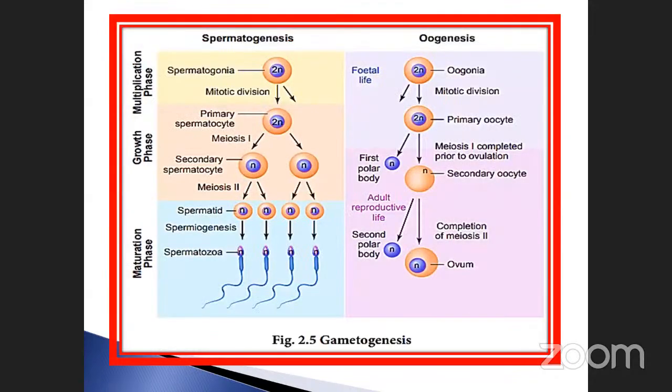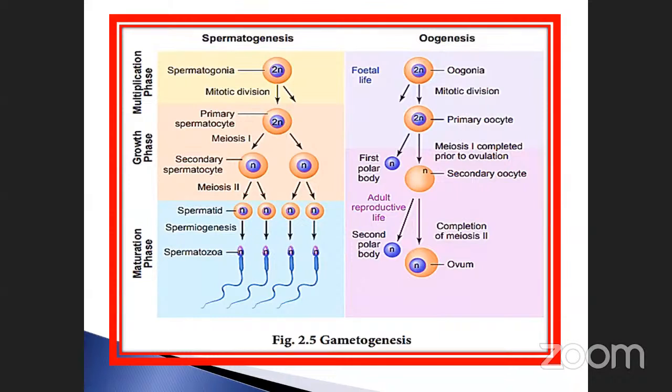All the living organisms, particularly male reproductive organs, produce their sperms. What are the divisions that occur in this category? Mitotic division first takes place, and the diploid cells further divide. During the mitotic division, it gives a primary spermatocyte, which is called the multiplication phase, growth phase, and maturation phase.